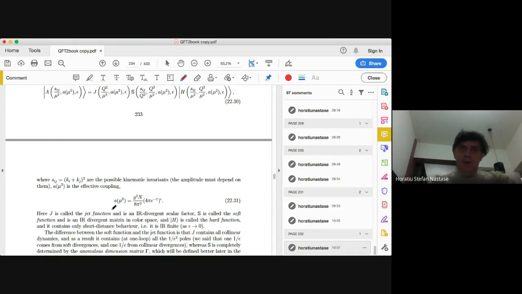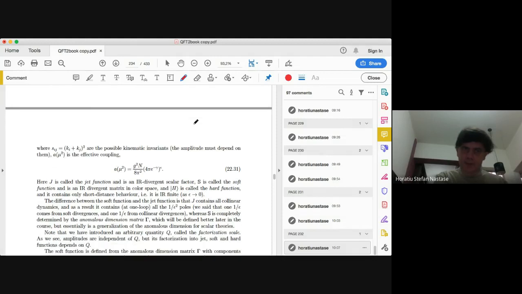J is called the jet function, and it's IR divergent. S is called the soft function, a matrix in color space that multiplies this column vector H, and H is called the hard function. It contains the short distance behavior, and it's infrared finite.